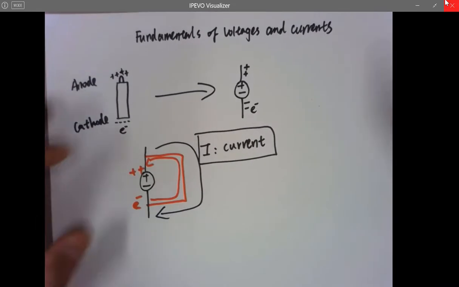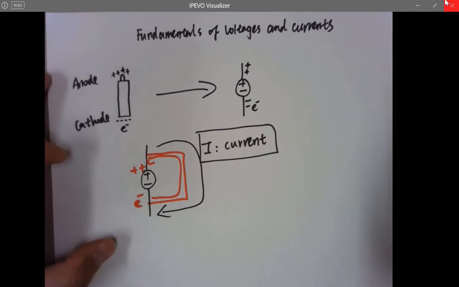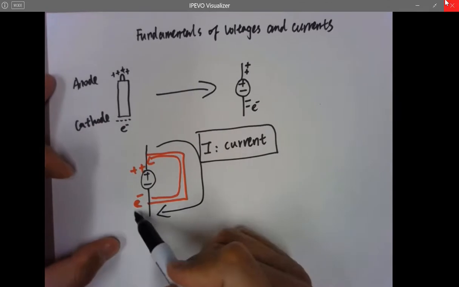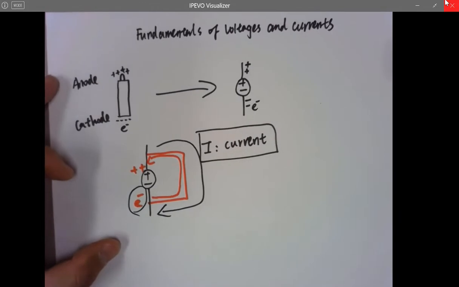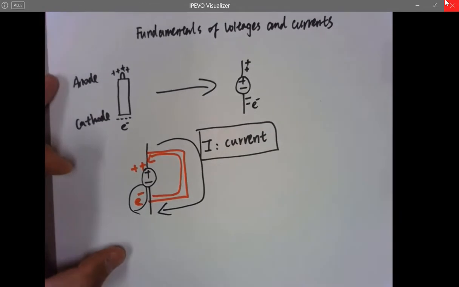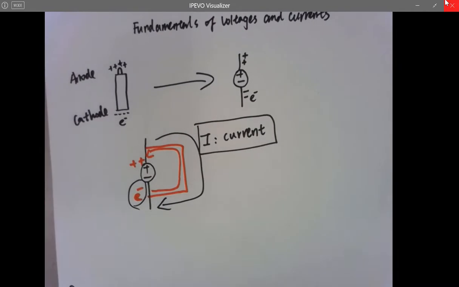Okay, so they are just protons, and they couldn't move. So what actually is moving in the wire is actually the electrons. We just define the other direction as the current direction. Okay, so that's one of the most important concepts you want to understand.